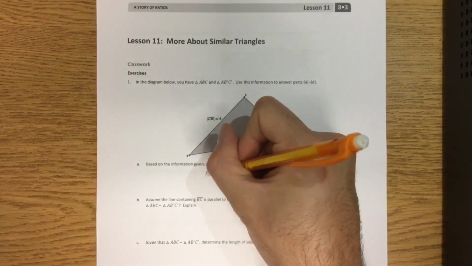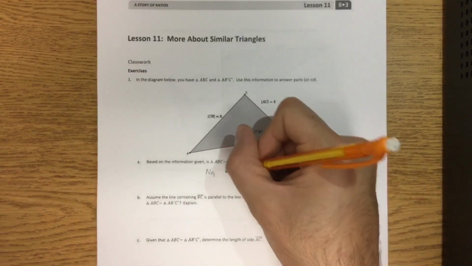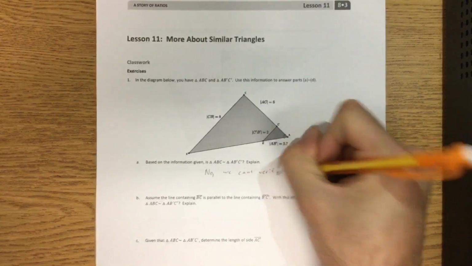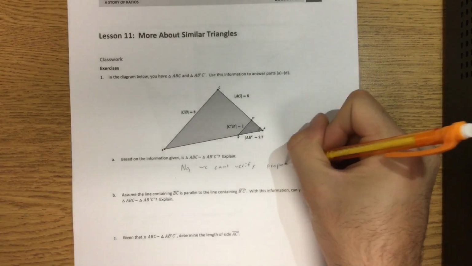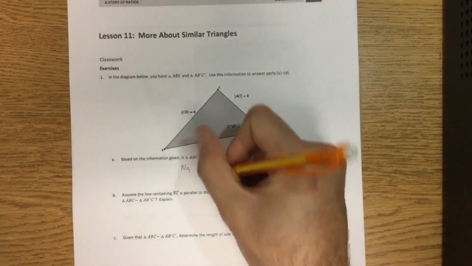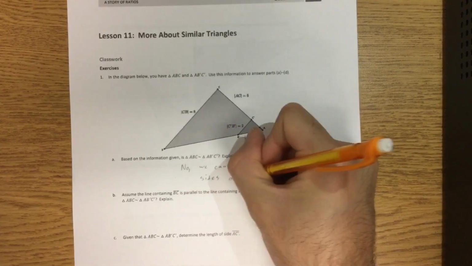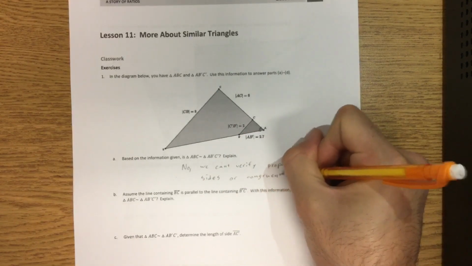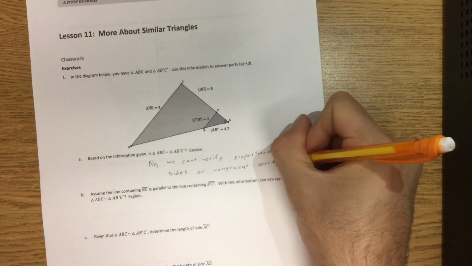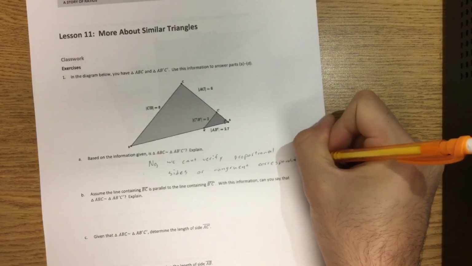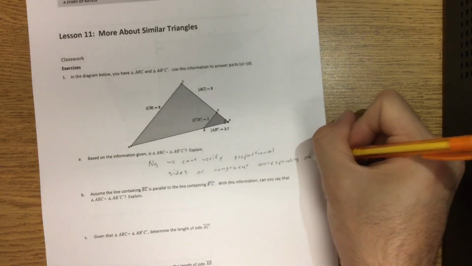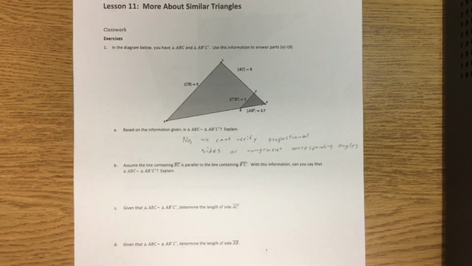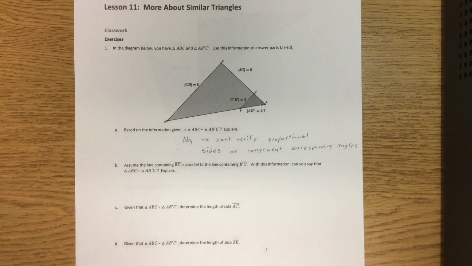So based on information, no, we can't verify proportional sides or congruent corresponding angles. So on this one, we don't have enough information to verify what we're looking at.